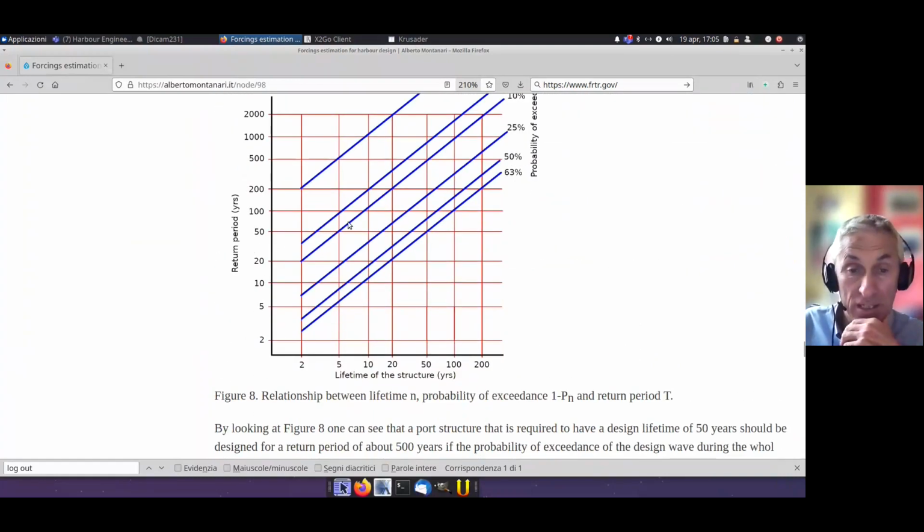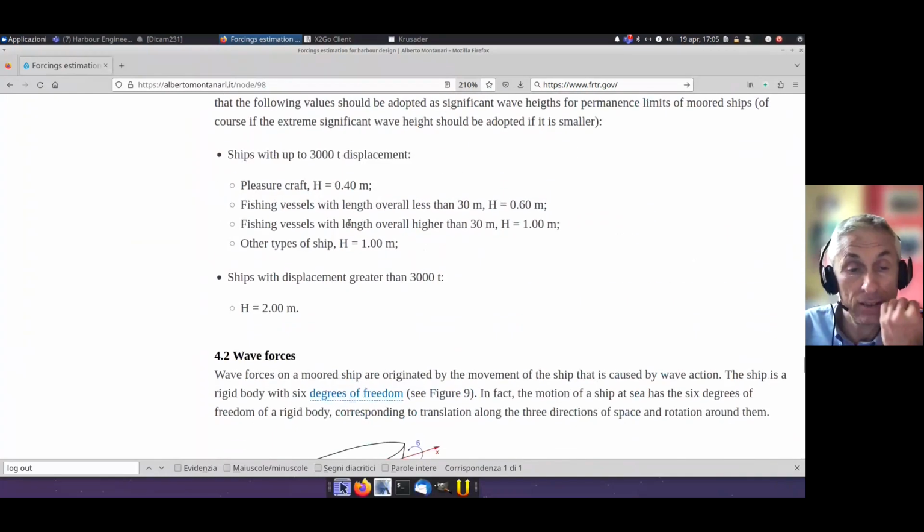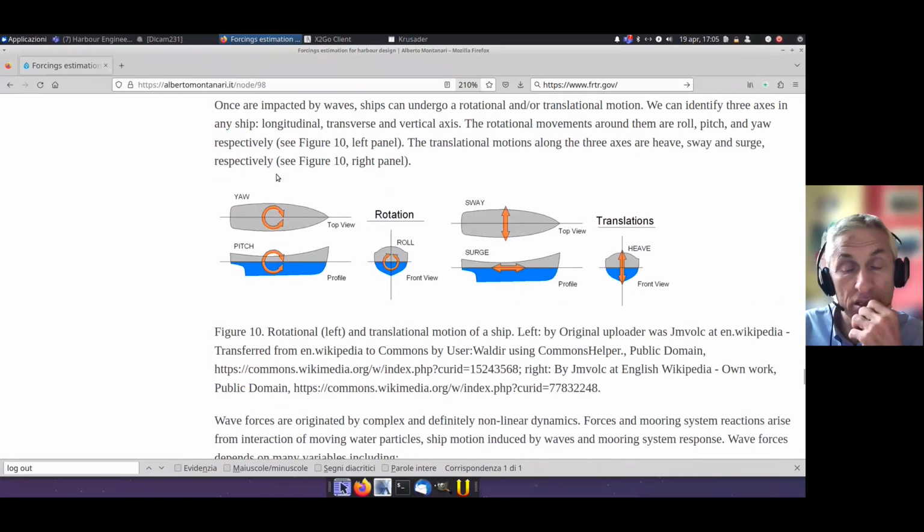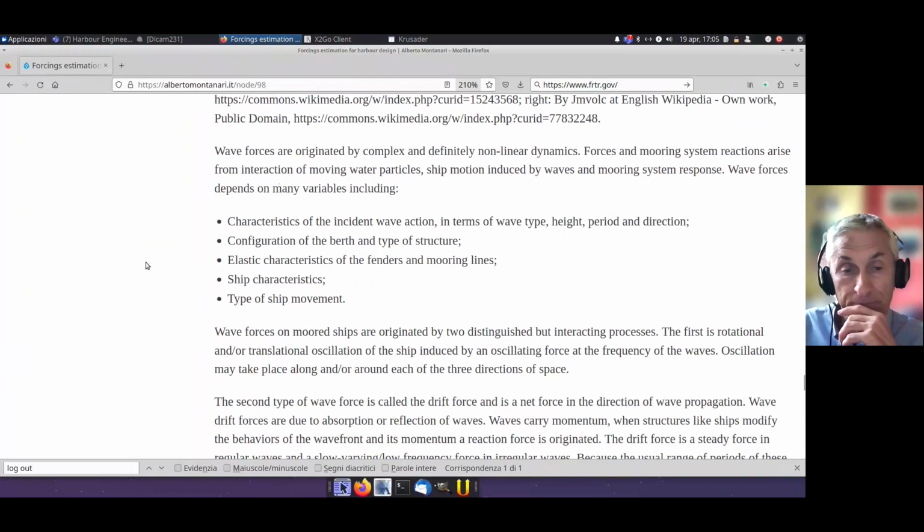Definition of return period, yes, and also the definition of these nautical terms, the most important ones, like the ones in this figure, may be asked. Keep in mind that there are not many of these definition terms that you will need to learn.